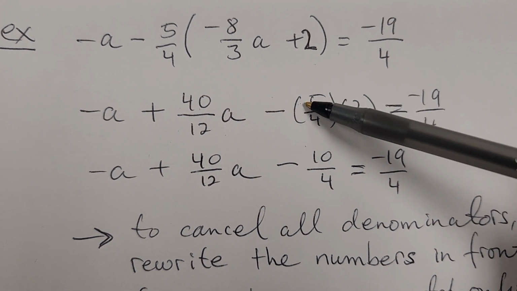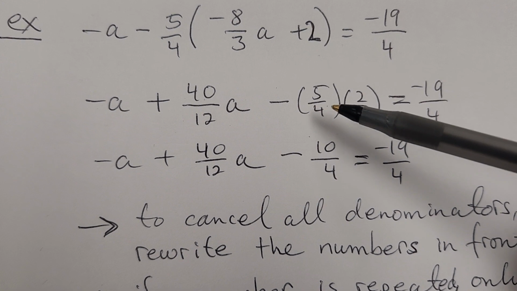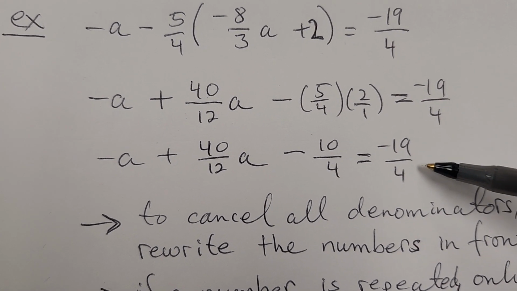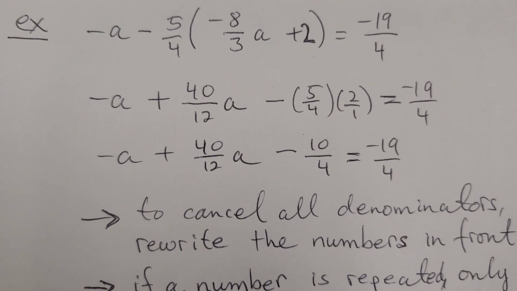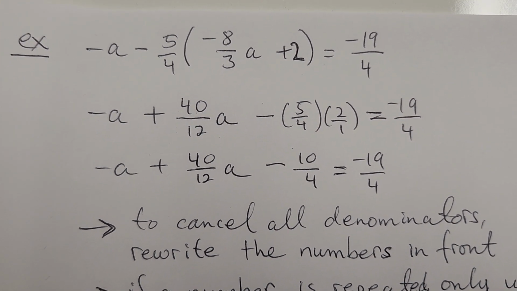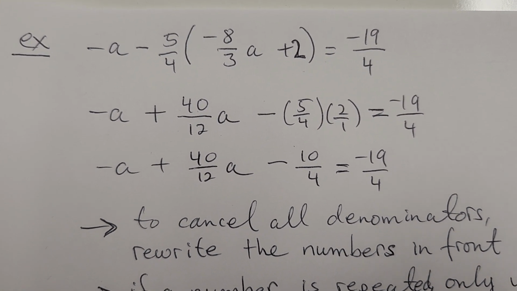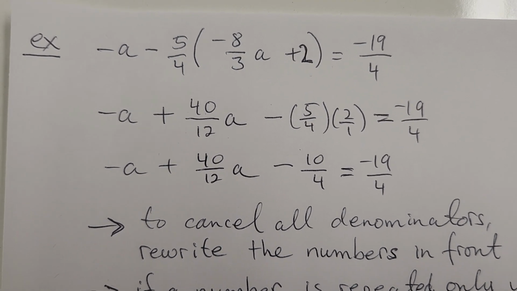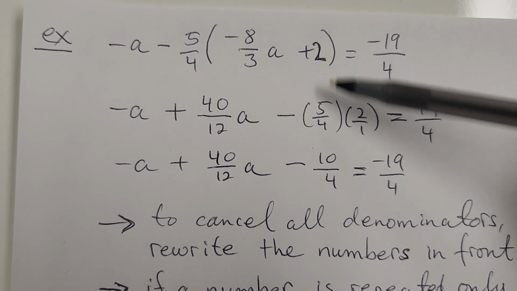Okay, so negative 5 times 2 gives me negative 10. 4 times 1 gives me 4. And then bring this 19/4 down. So that's what I did for the first part, just multiply, and then more multiply for this second part right here.